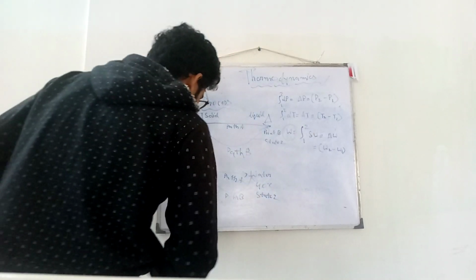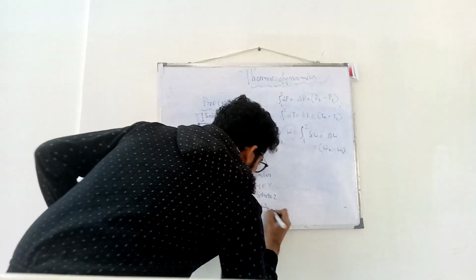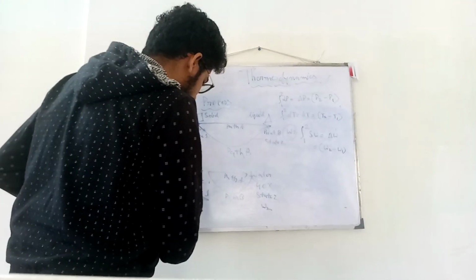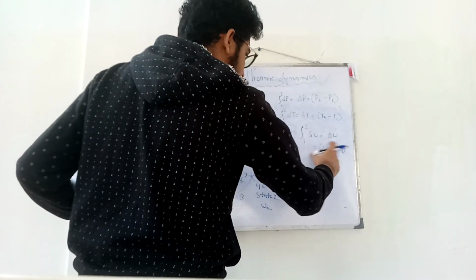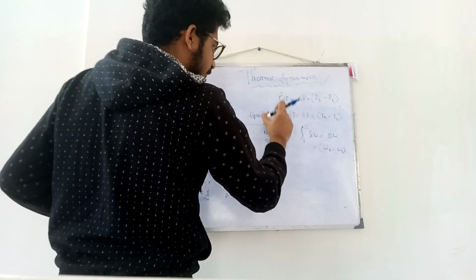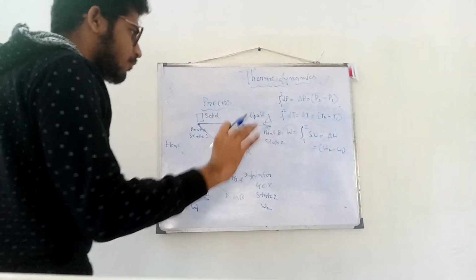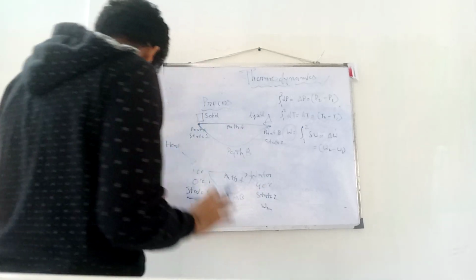Suppose this is W1 and this is W2. The work in the first state and the work in the final state, their difference gives the value of work done. So this is the formula of work done of a thermodynamic process. Okay, I hope you understood.